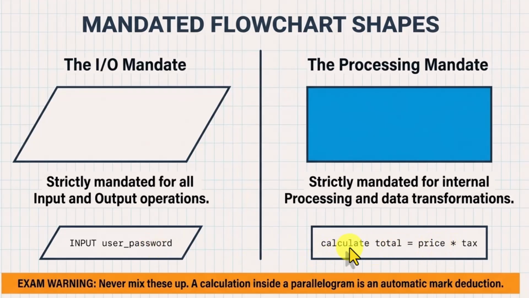And here we have calculate total equals price multiplied by tax. And exam warning: never mix these up. Each one of these shapes is meant for its own specific task. If you mix them up, you will lose some marks.